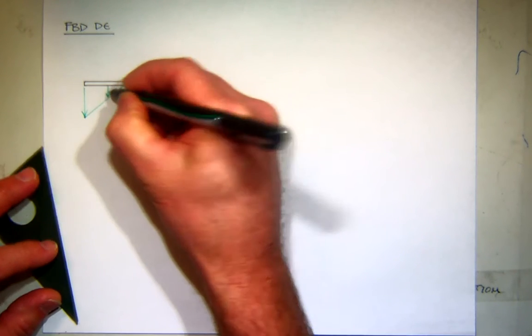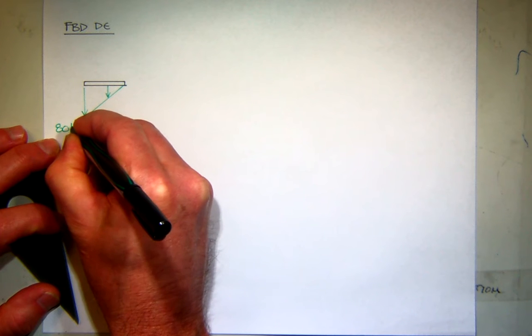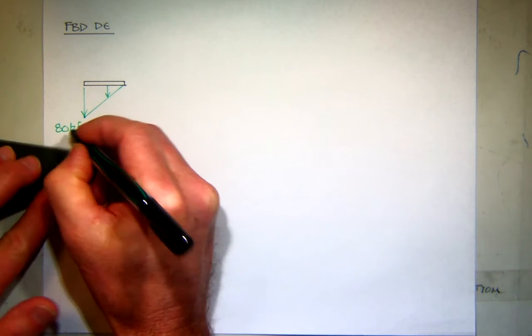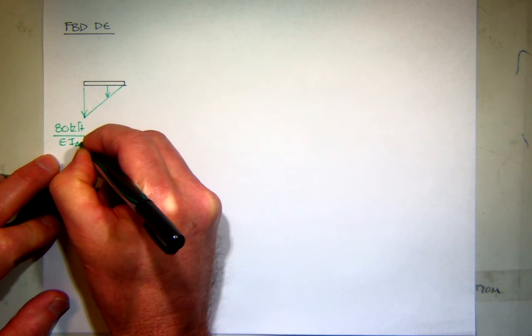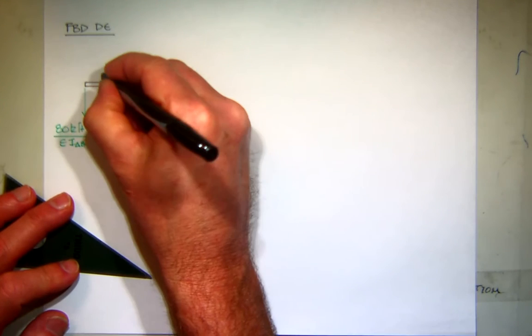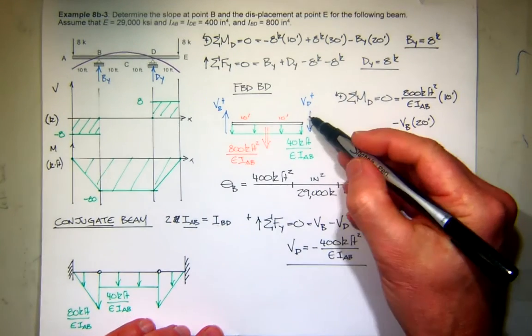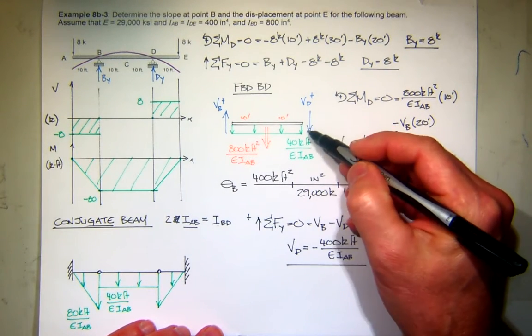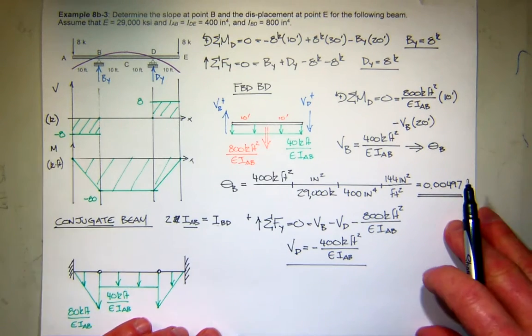So I've got the force, which is 80 kip-feet divided by EI_AB. That's acting down. This segment is 10 feet long. Also, since the shear is acting down here, on the other side it would be acting up, but it is negative.